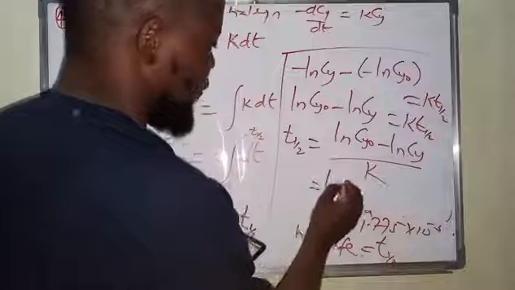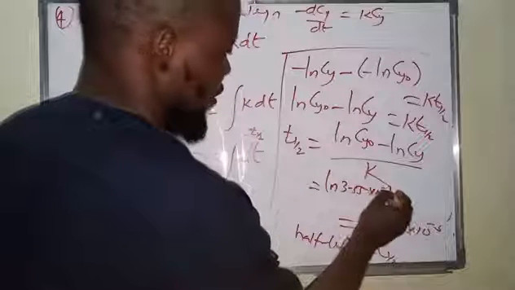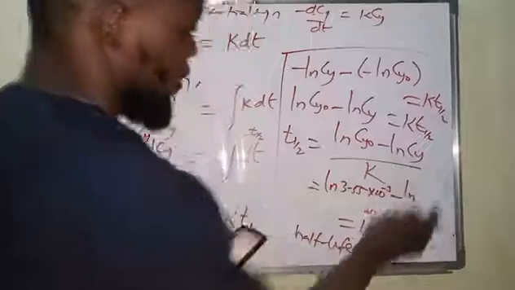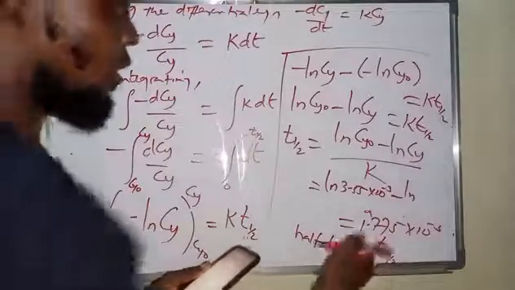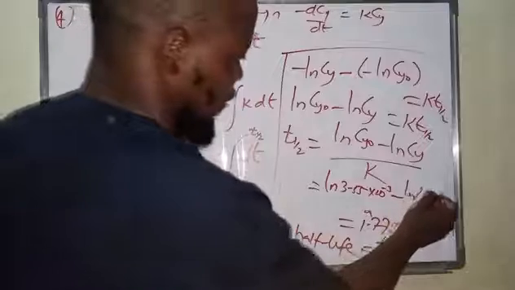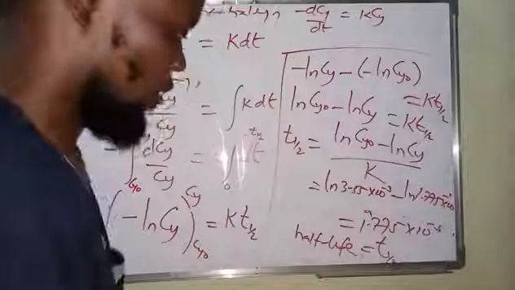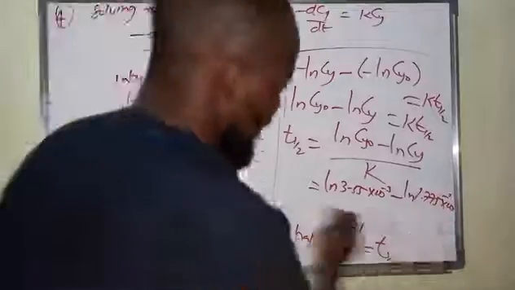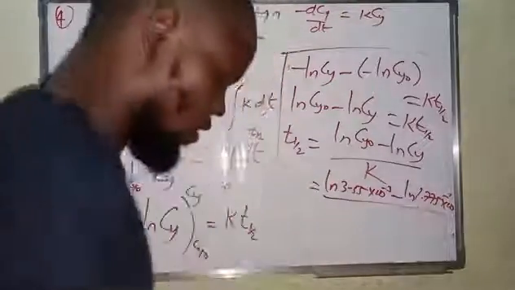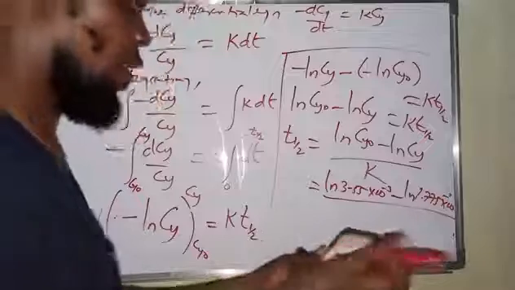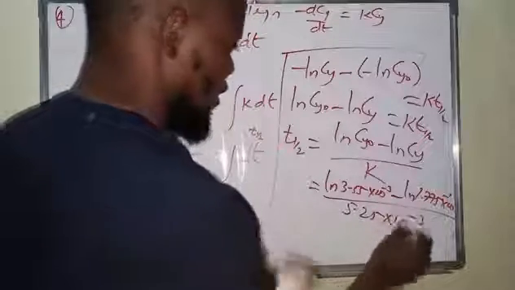That means ln of 3.55 times 10 to the power minus 3, then minus ln of C, which is half of the concentration, like we said, 1.775 times 10 to the power minus 3. Then everything divided by the rate constant k, which is given as 5.25 times 10 to the power minus 3.